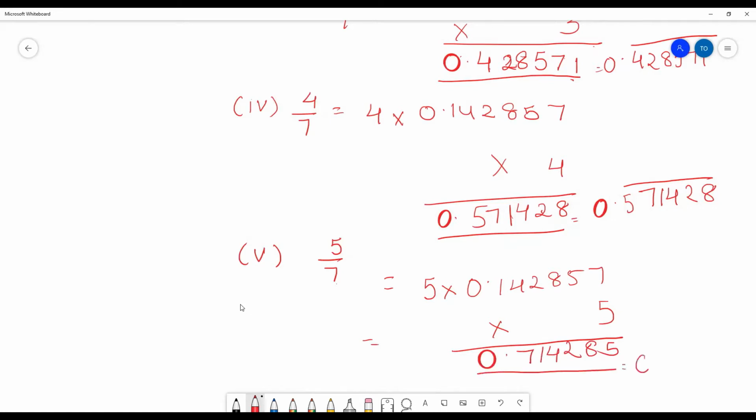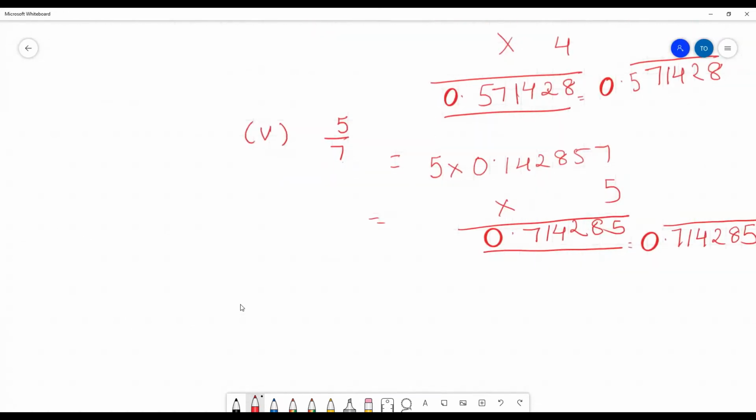Our answer here is 0.714285 bar. This is our answer. In this manner we can do the last one, that is the sixth one.